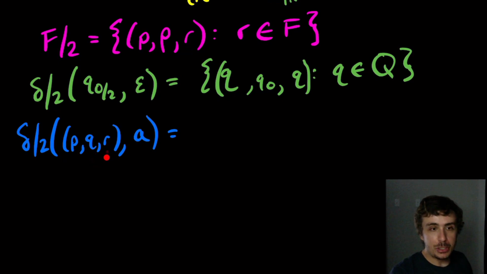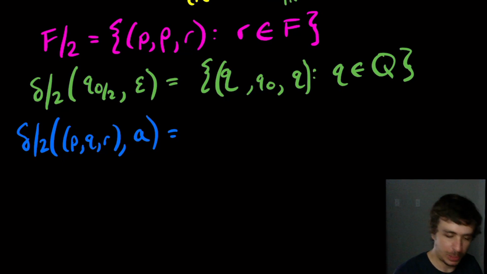But on the other two, this one needs to figure out where we go on A. On the second one, which is the second half, we don't care about what the second half has. Anything could be read, so wherever this state R can go on any input whatsoever, let's include all of those.